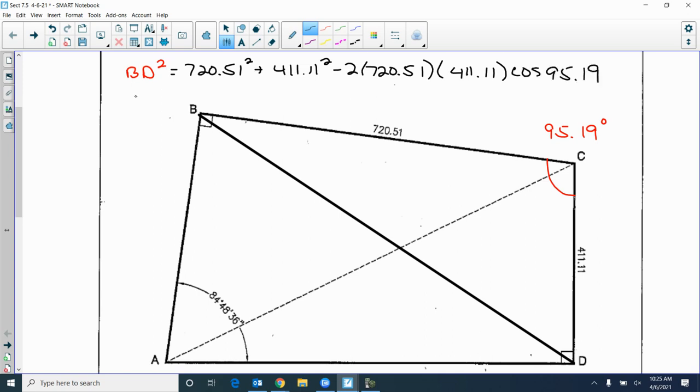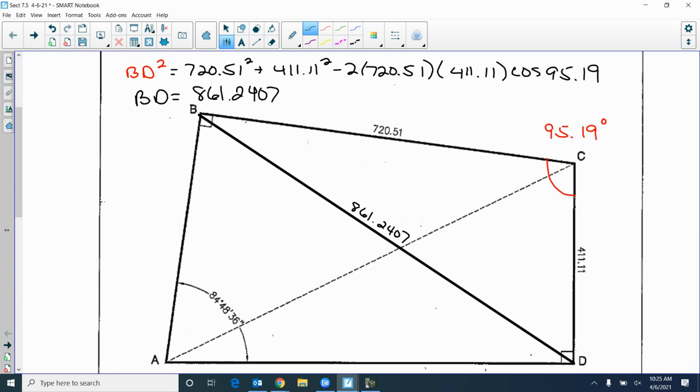And when we are done, BD equals 861.2407. So that would be 861.2407.